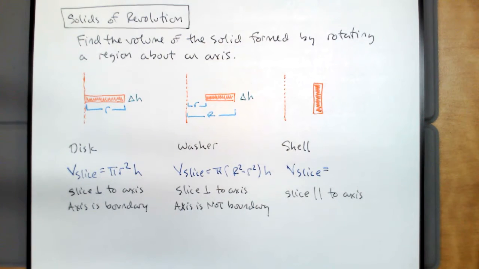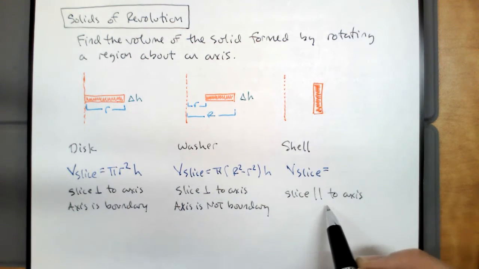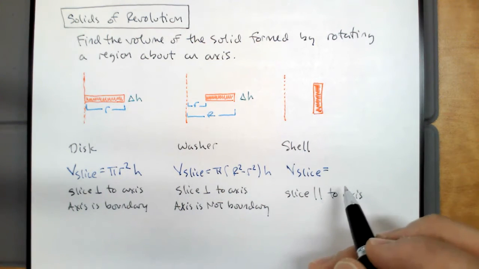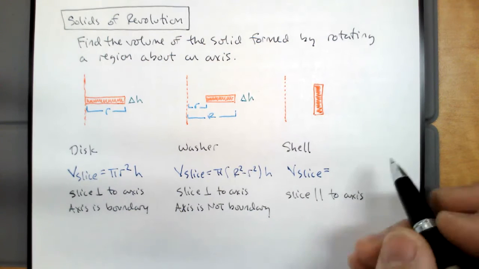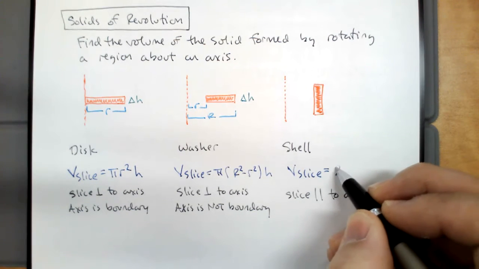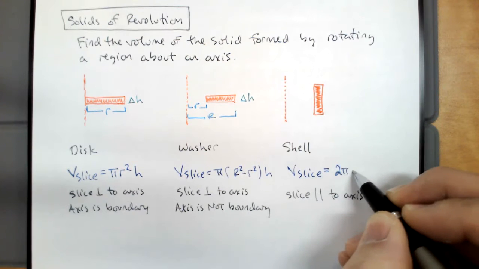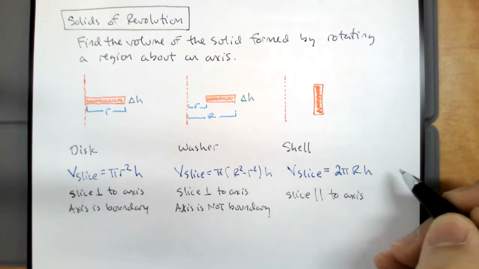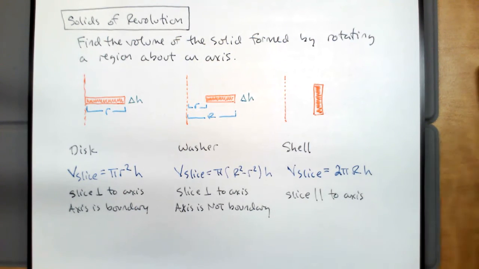Let's first write down what we're going to be using for the volume of the slice. Let's start by just being practical and saying, here's what you're supposed to do. Here's how you're going to view it. When you decide to slice parallel to the axis, the base formula that you're going to use for the volume of the slice is 2 pi times the radius times the height times the delta variable.